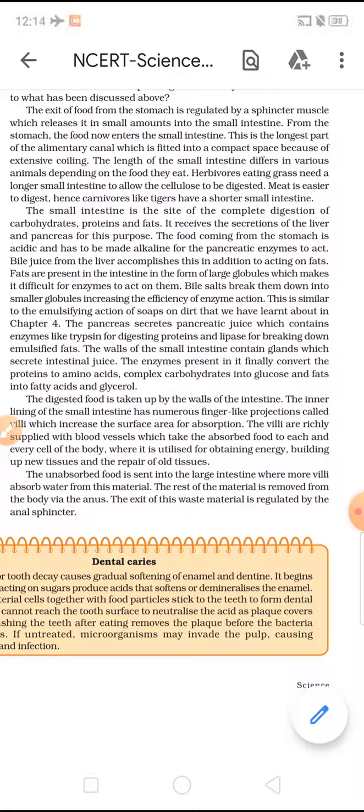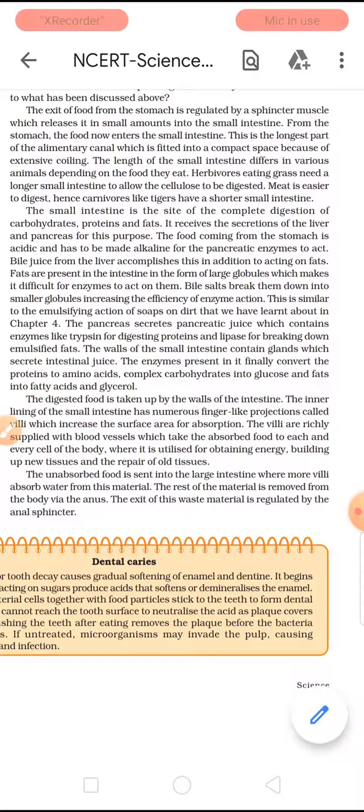Okay, all of them will be digested. It receives the secretion of the liver and pancreas for this purpose. The food coming from the stomach is acidic and has to be made alkaline for the pancreatic enzymes to act.